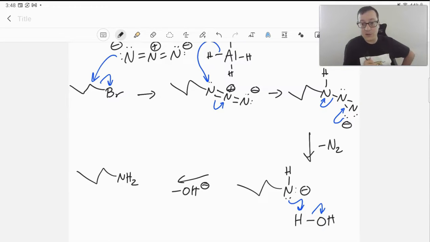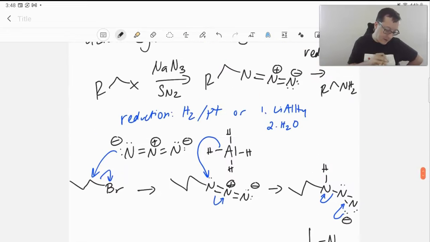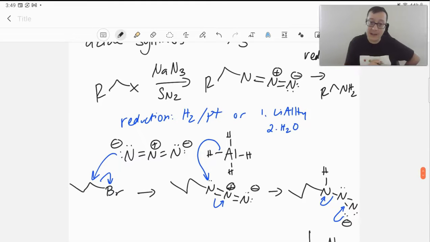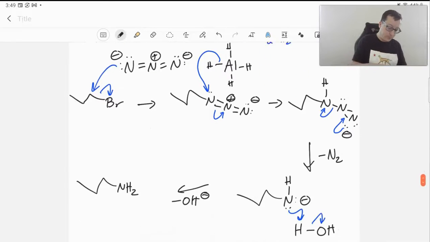So if we try to wash this with acid instead, we'll end up protonating our amines. We don't want that. So suffice it to say, in a nutshell, treat your alkyl halide with sodium azide and some sort of polar aprotic solvent. Go ahead and introduce some reducing agent, either hydrogen gas and a catalyst, or lithium aluminum hydride then water. You'll end up getting your amine out.